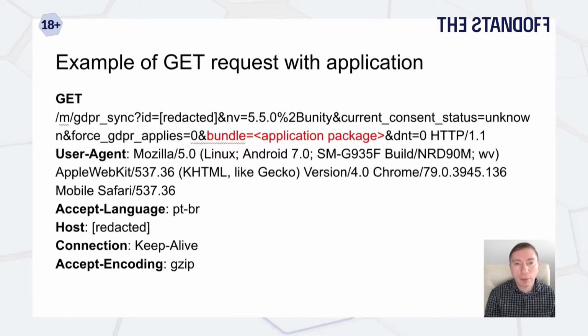This is an example of a GET request that we were receiving. We noticed this application package embedded in the request. This is how we were able to make statistics of approximately how many applications were using this domain or SDK.